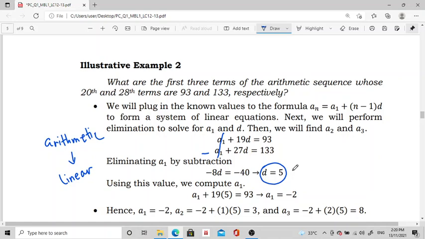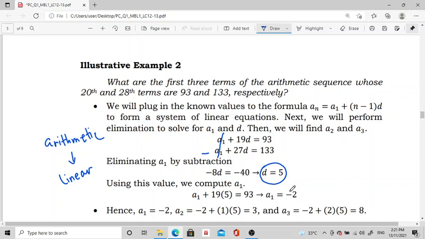And then after that, pipili tayo between these two equations na siyang gagamitin natin. Ipa-plug in natin yung value ni D to solve for A sub 1. So, we choose this equation. And then if we plug in 5 to D, we will solve for A sub 1, and that is negative 2.